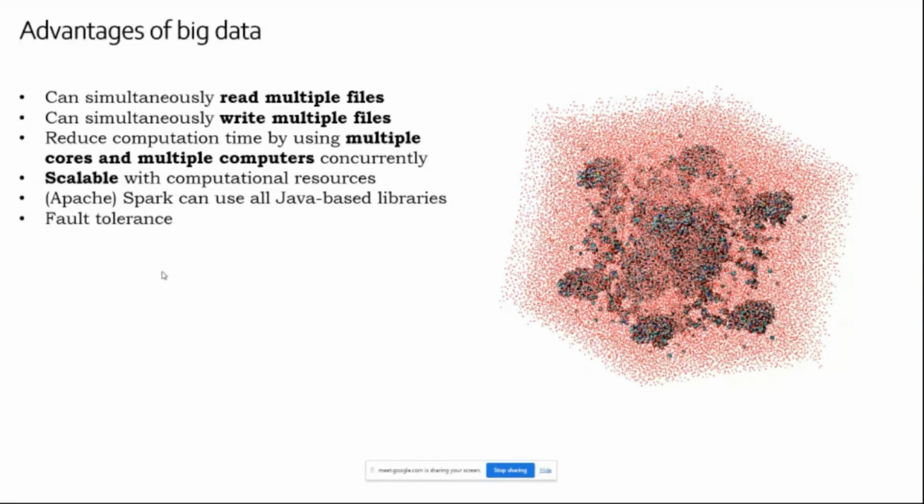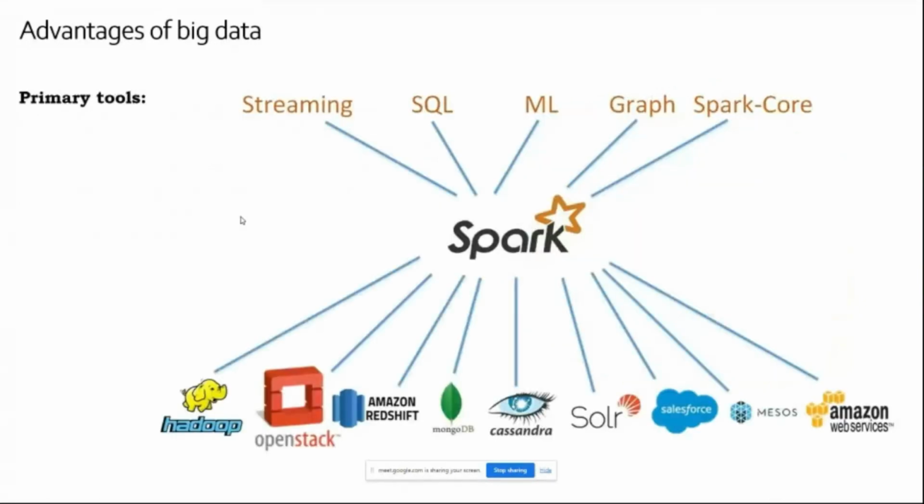And we have used Spark, which can use Java-based libraries, and it is fault tolerant. I mean, big data is fault tolerant. So if one of the jobs gets killed or one of the computers crashes, you don't have to do anything. It will pick up from where it left off and redo the computation. It is resilient to failure, and it will give you the output.